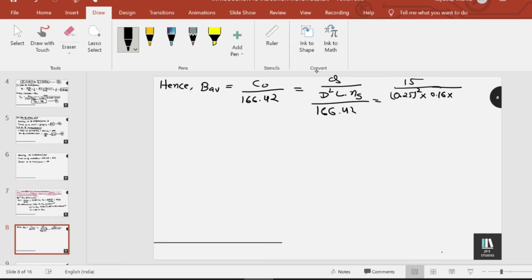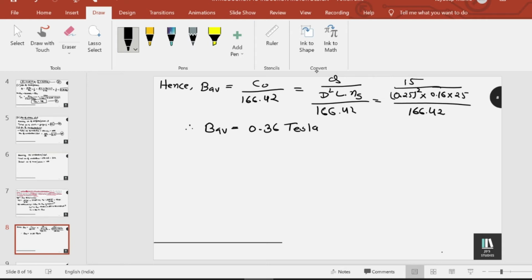Then RPS, we will take 25, divided by 166.42. So we will find the value of Bav. We will solve this and we will get 0.36 Tesla.